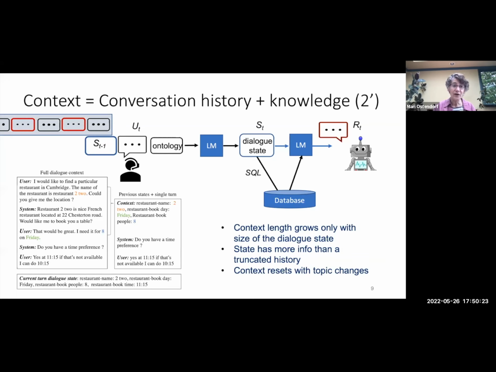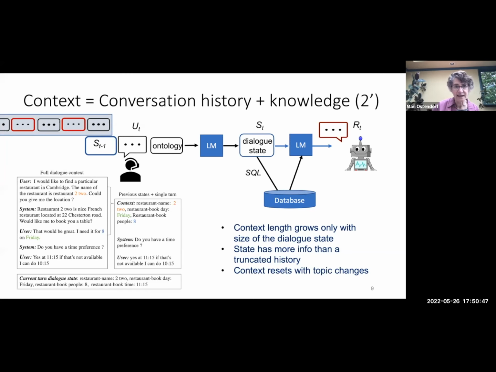And further, if somebody resets the context, then that gets captured in the dialogue state without trying to figure out at what point in time the topic changed or knowledge was corrected.